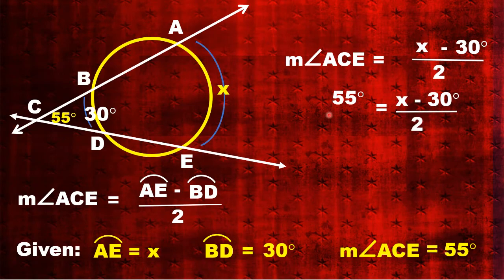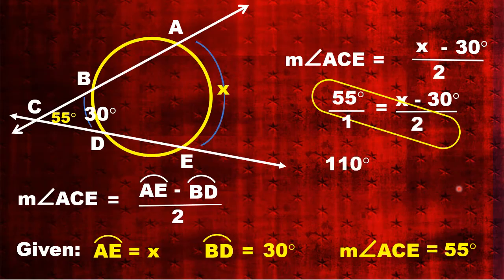And of course, di ba yung 55, meron siyang invisible din na denominator na 1? Ayan. Now, to solve for it, we just need to cross multiply. We have 55 times 2 is equal to 110, equals X minus 30 times 1, which is just the same as X minus 30.